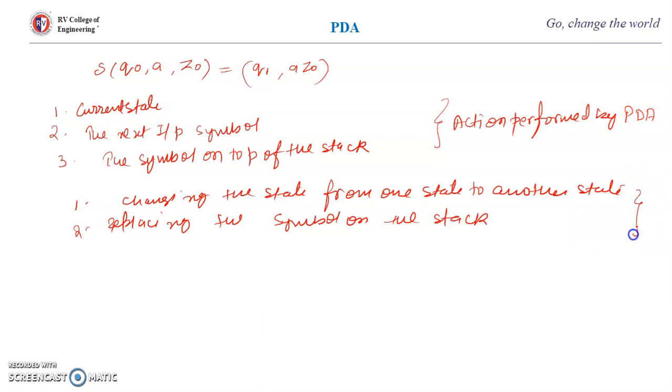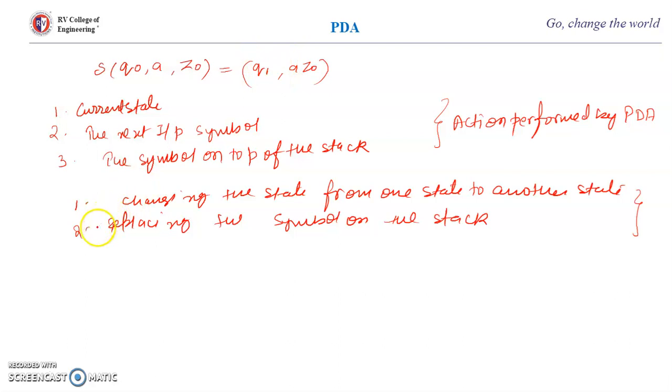Okay, so in general we say the transition function accepts three parameters, namely a state, then an input symbol, and the stack symbol, and it returns a new state after changing the top of the stack. That is, the transition function has this form.